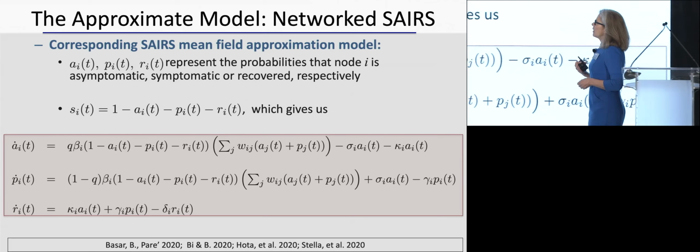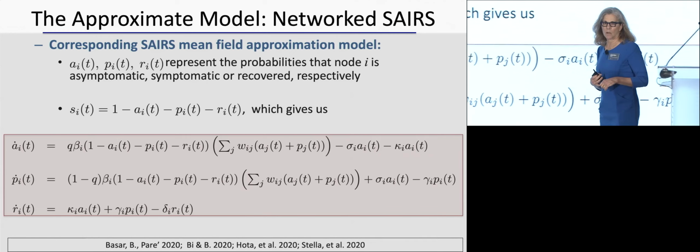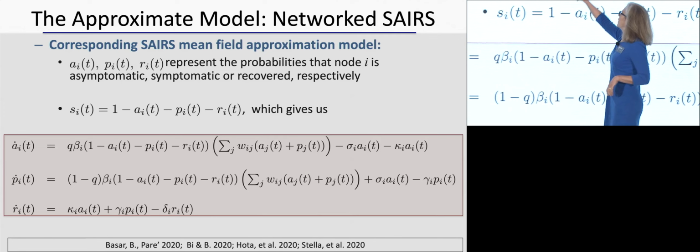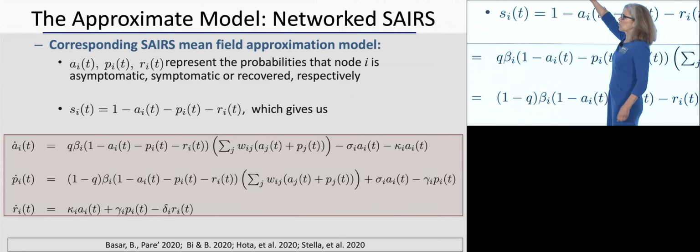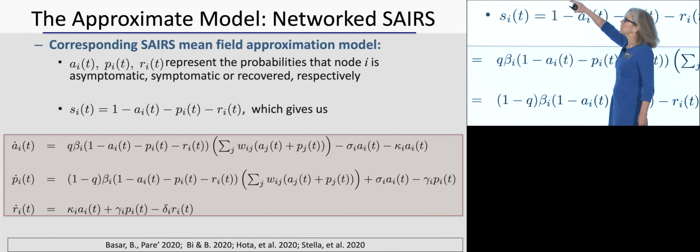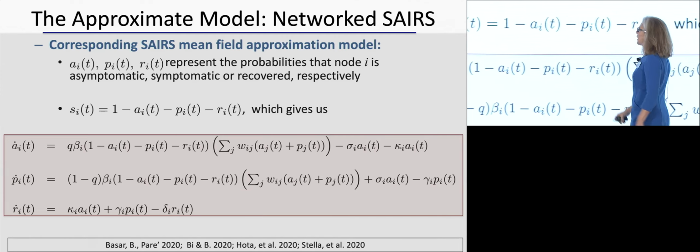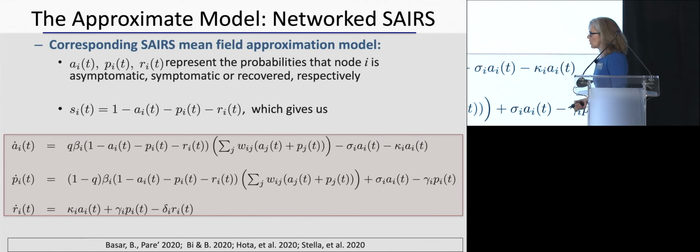So again, here we're going to assume any given node i in the network has proportion asymptomatic, symptomatic, we call that P now, so it represents proportion or probability of symptomatic infected, and recovered, and we have this constraint again at each given node with respect to the proportions of the populations.